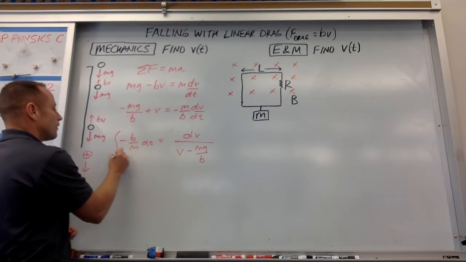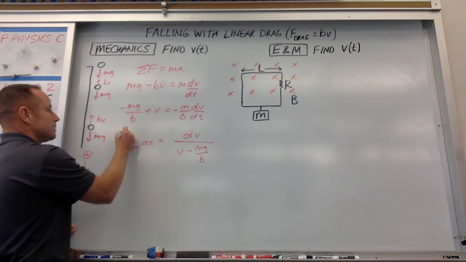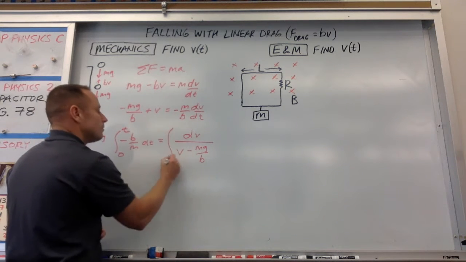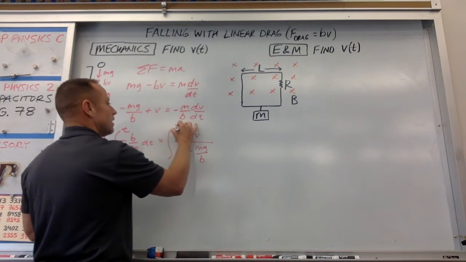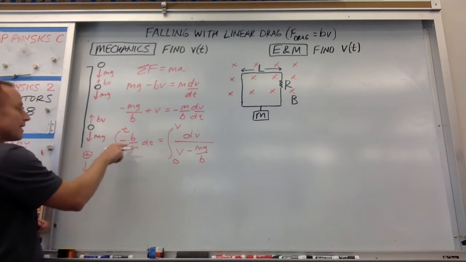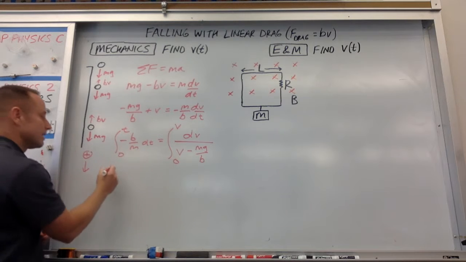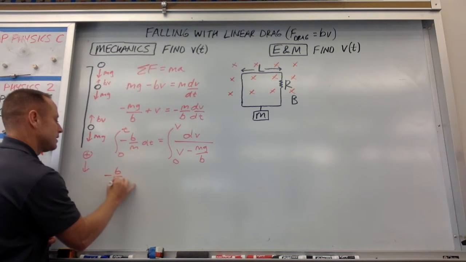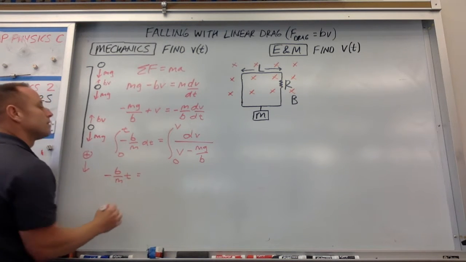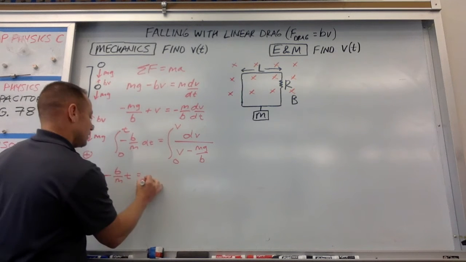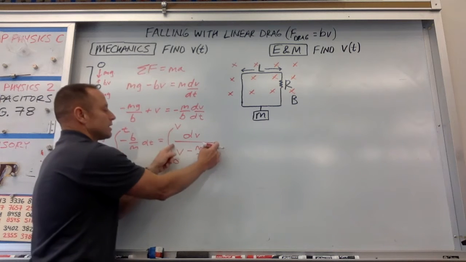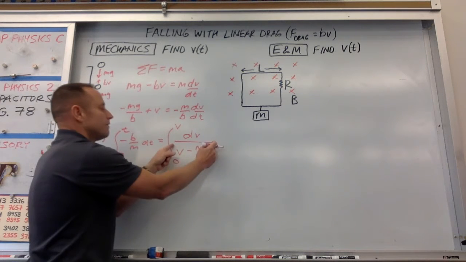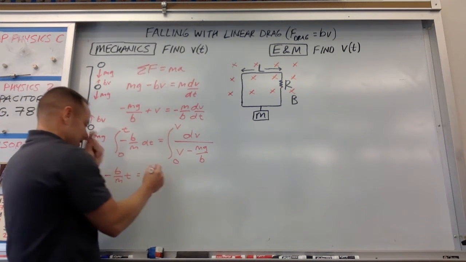We'll go from when we start our stopwatch, time t equals 0, up to t. We'll go from where we start our velocity, which in this case is v equals 0, up to some arbitrary v. This side's going to integrate to minus b over m t equals, and then this is going to be log of this expression, log of v minus mg over b.